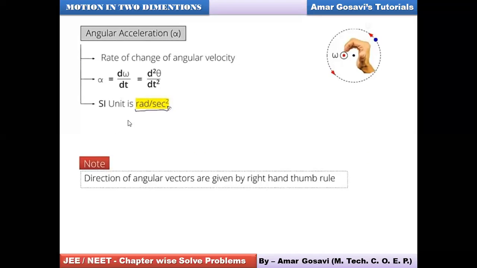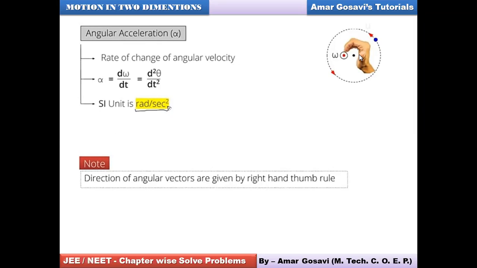Obviously, the direction of all the three, that means angular velocity, angular acceleration, angular displacement, are all given by the right hand rule. You can just imagine the fingers of your right hand curled and the thumb outstretched. The curled fingers give you the direction of circular motion.